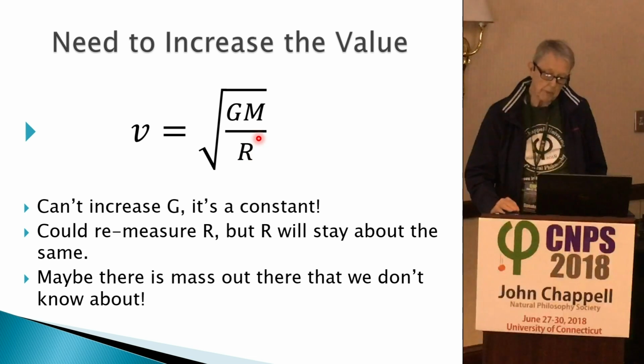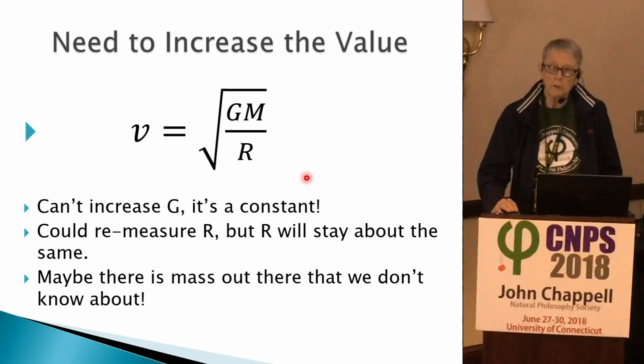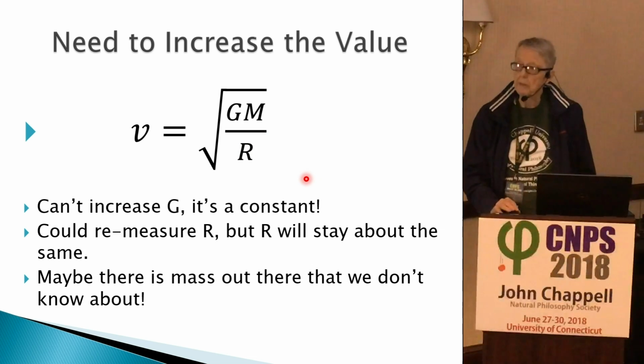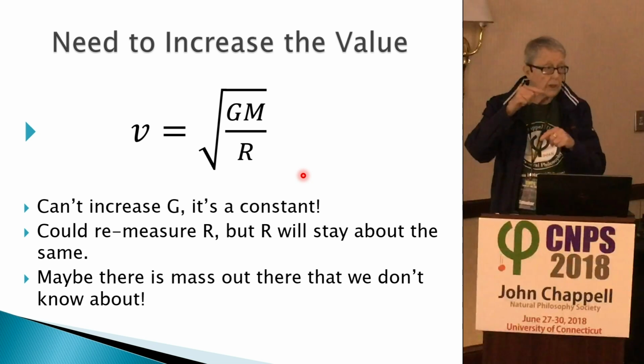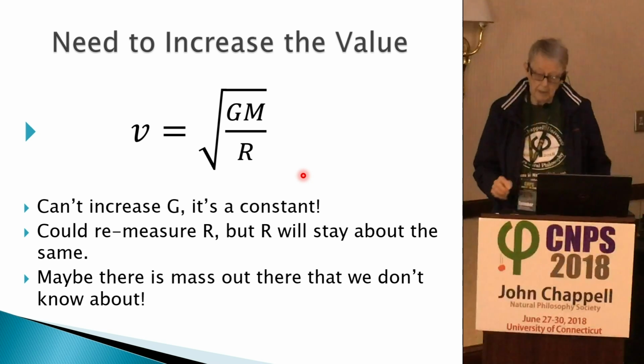Well, being mainstream, they're not going to change G. If there's any constant that many people rely on, that's a constant. That doesn't change. The distance could change. You could remeasure it and get a new number. But changing it enough to change that distance is probably not going to happen.